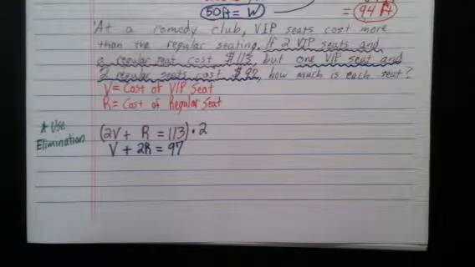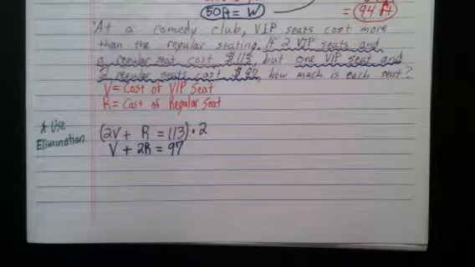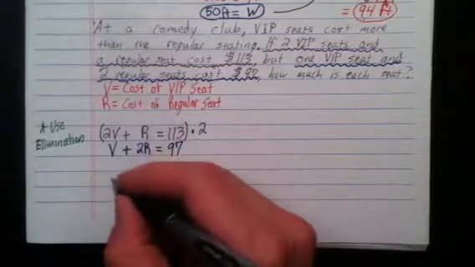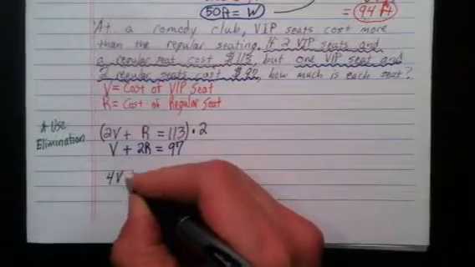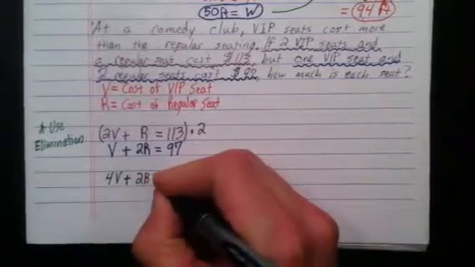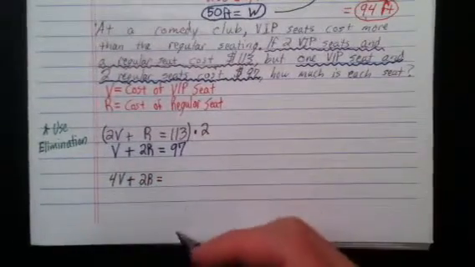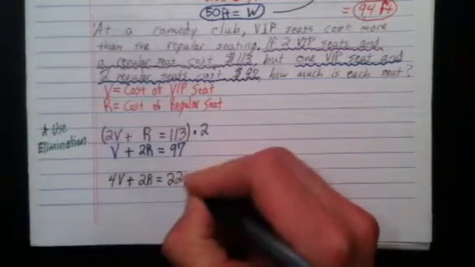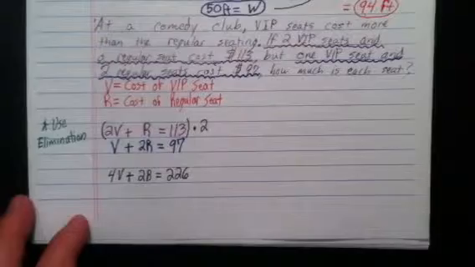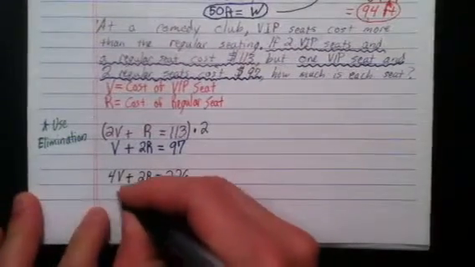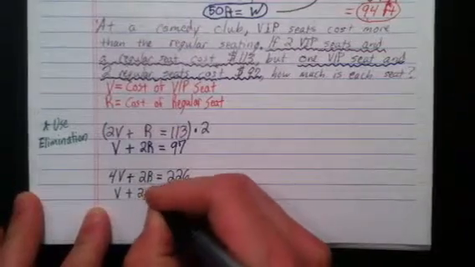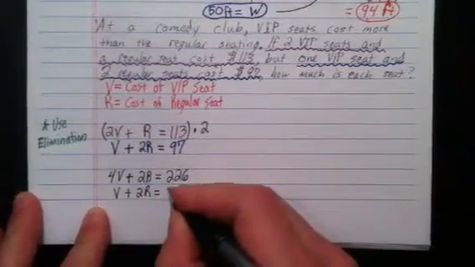So this gives us 4V plus 2R equals 226. And then we want to just keep the bottom equation as it was. V plus 2R equals 97.